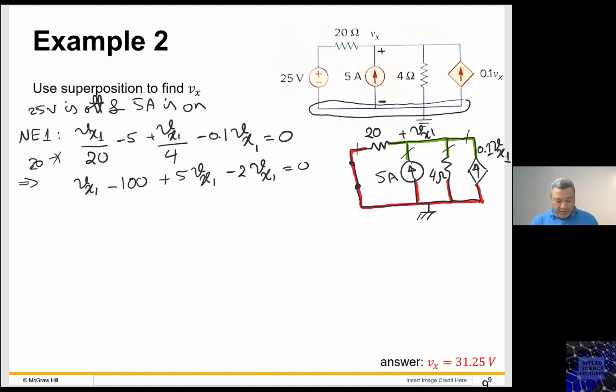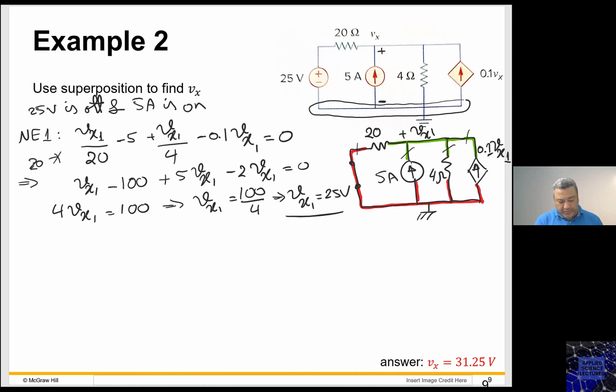So for Vx1, 5, 6 minus 2 is 4. So 4 Vx1 equals to 100, and Vx1 is 100 divided by 4. Vx1 is 25 volts, right?